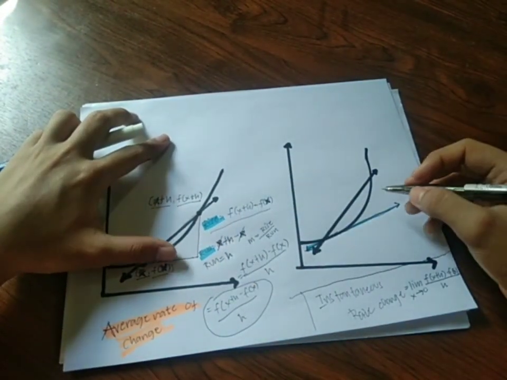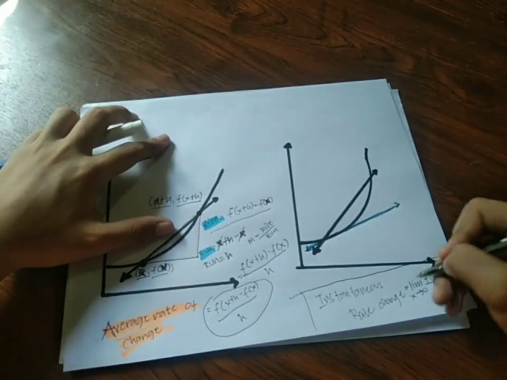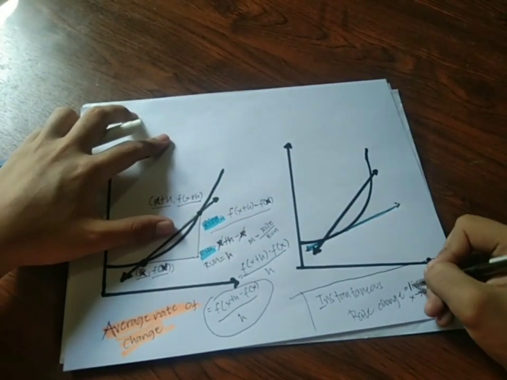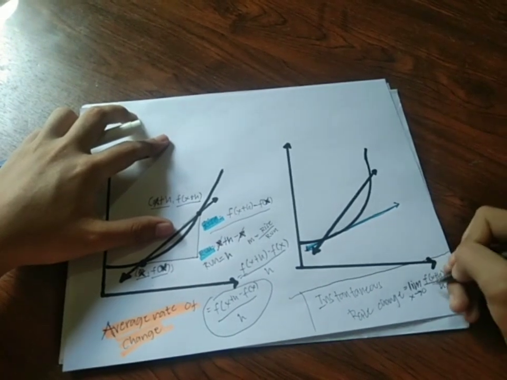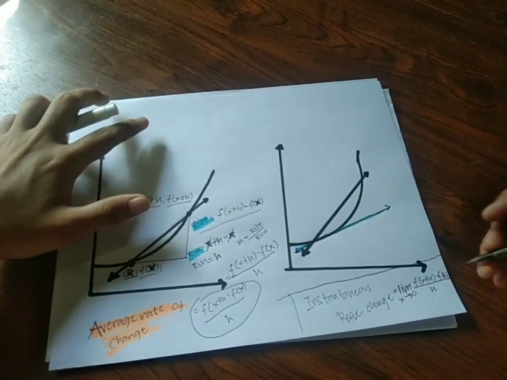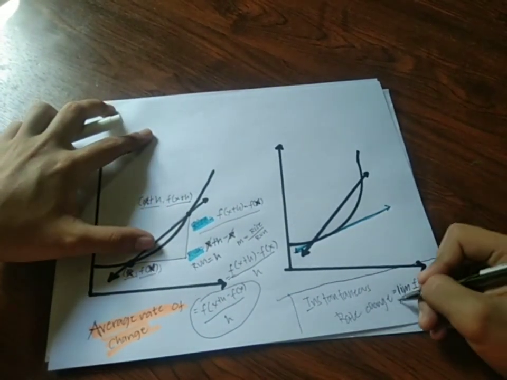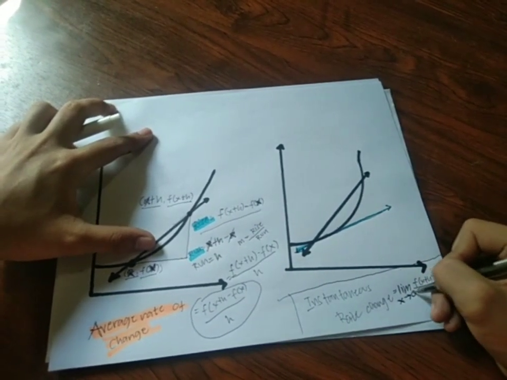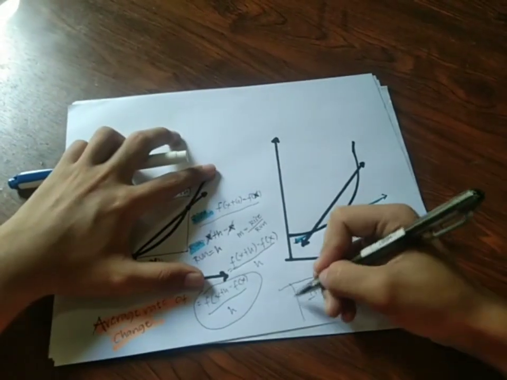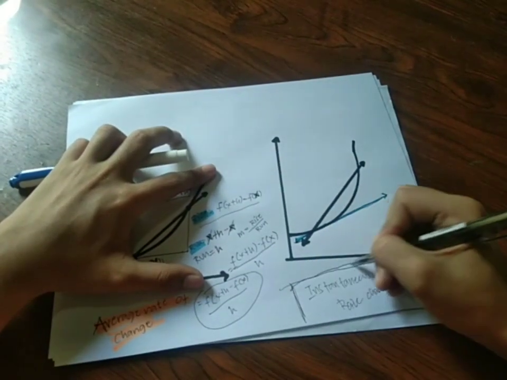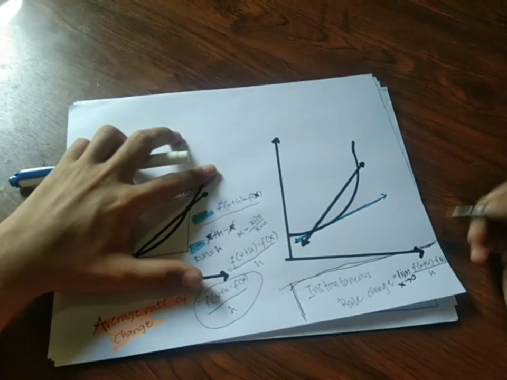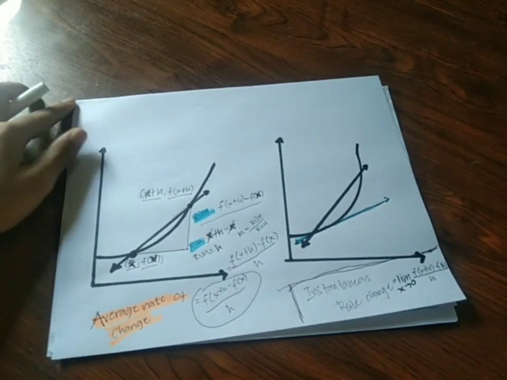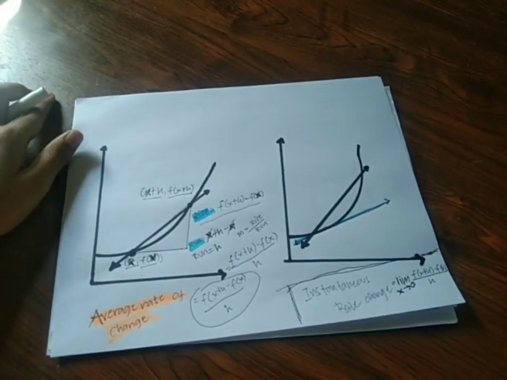But since the h disappears, you will use the limit of f of x plus h minus f of x, divided by h, as h approaches 0. So that is how they find the formula for the first derivative.